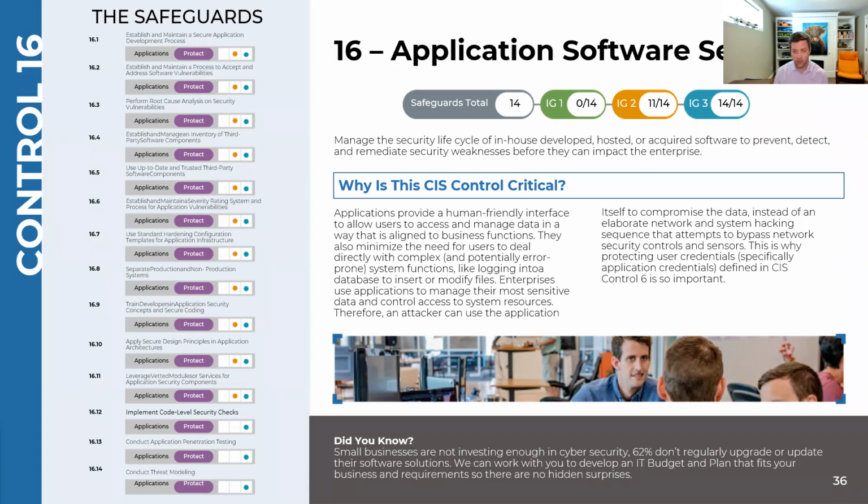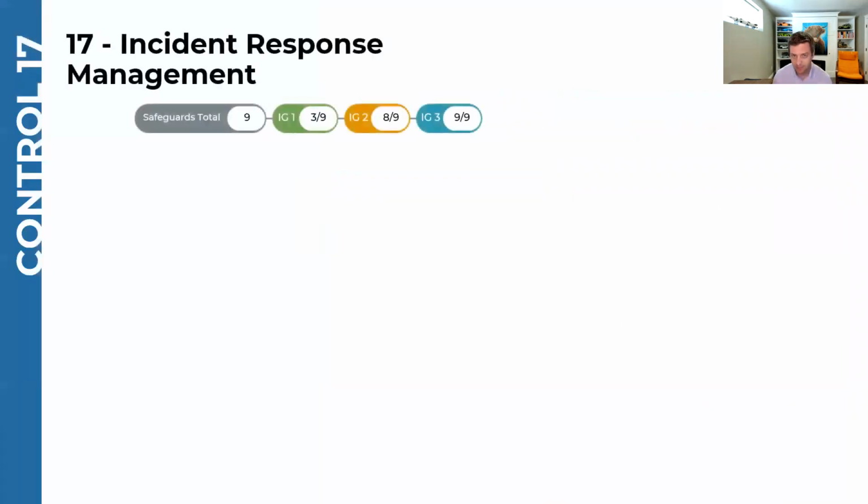It's about, first of all, making sure you know what software you have, what software is approved, creating lists of software that you outright are not going to allow on your network, making sure that you have a process for monitoring them, for patching them, for updating them. And then the later ones are very much about software developers and how you are building applications, which of course for most people, most businesses, isn't a big part of what we do.